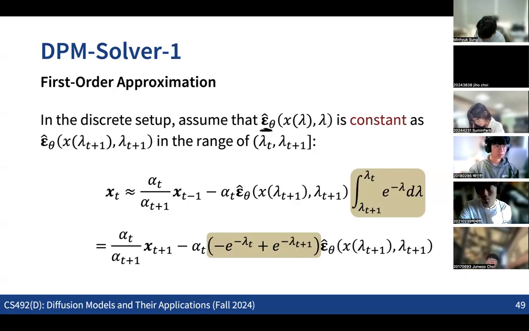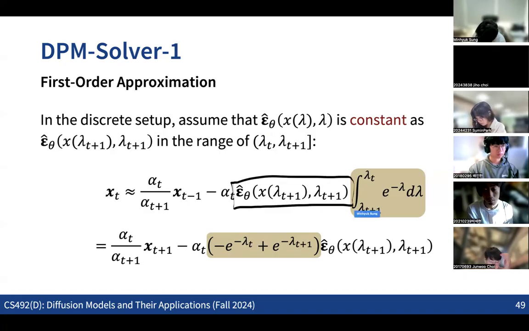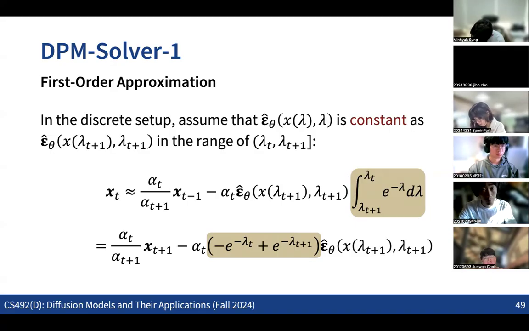Then we can take the epsilon out of the integral, assuming that it is constant. The only thing we need to compute is the remaining integral, which can be computed analytically very easily, right? Make sense? So with the assumption that epsilon is constant in this range, we can rewrite this, and now it looks very feasible to compute.